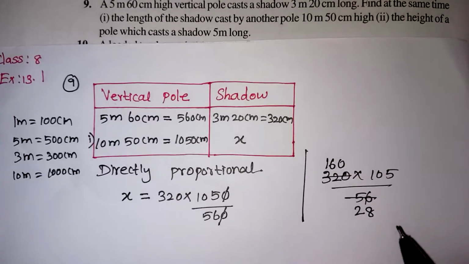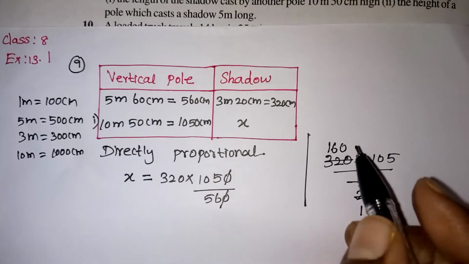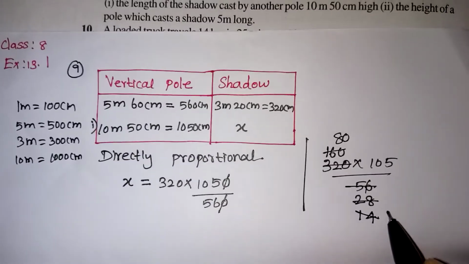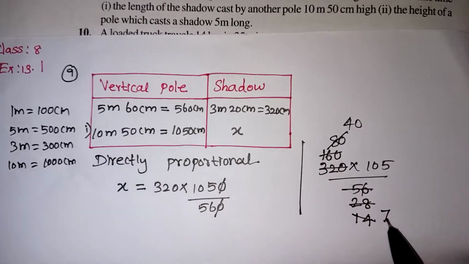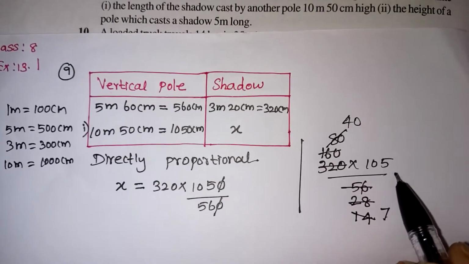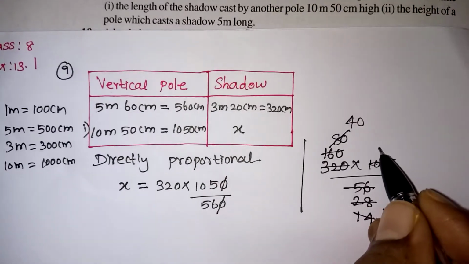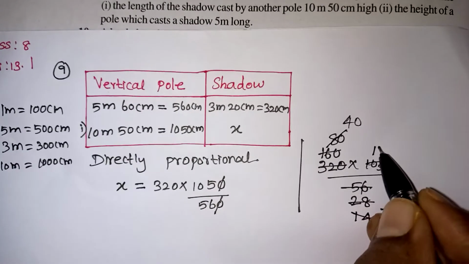This 0 we can take it. Again by two table. This is 14, 14 times. This is 80. Again by two table. 7 fours are 28, this is 40 times, and 7 and this one 105 we can calculate, because 7 15s are 105.